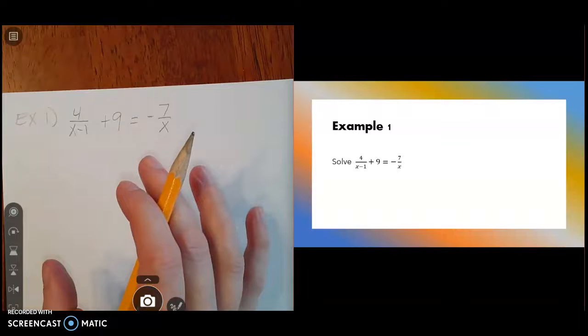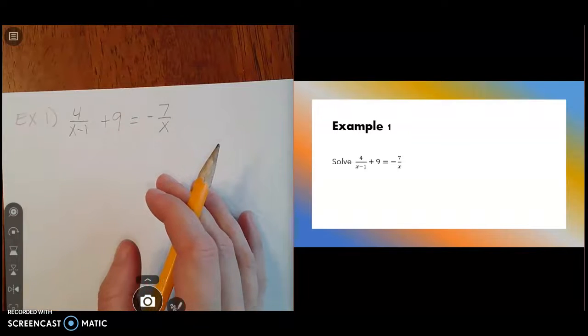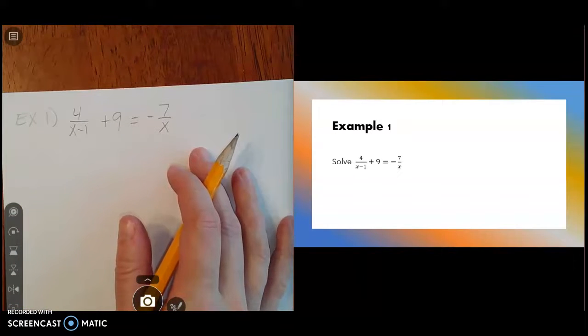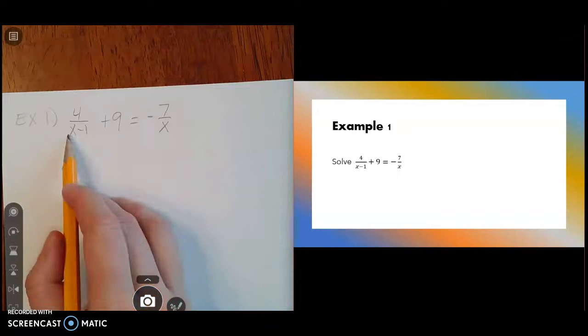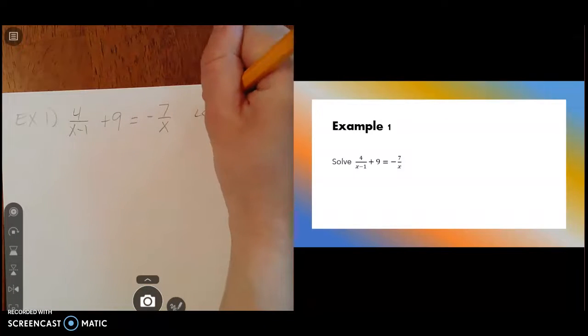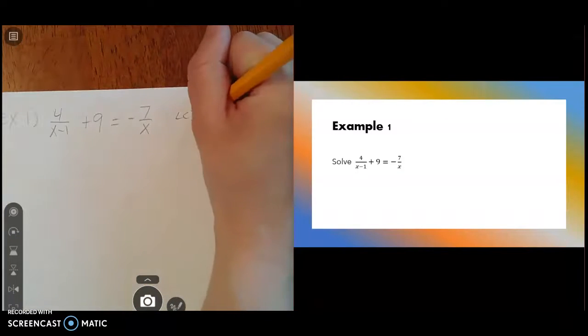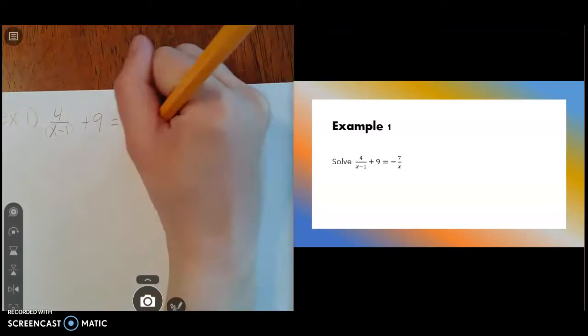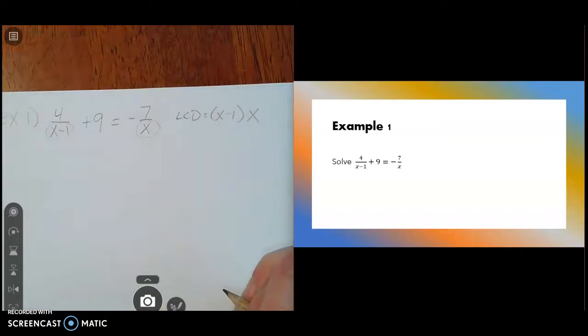If you need a quick review over solving rational equations like this one, the first thing that you should do is multiply by the least common denominator. So my denominators are x minus 1, that's one factor, and x, that's a different thing. So the least common denominator for this one, it includes both. We need an x minus 1, and we need the x from here, okay?